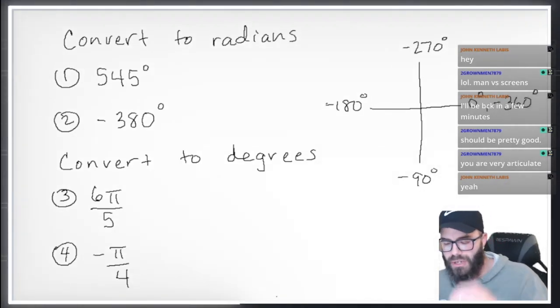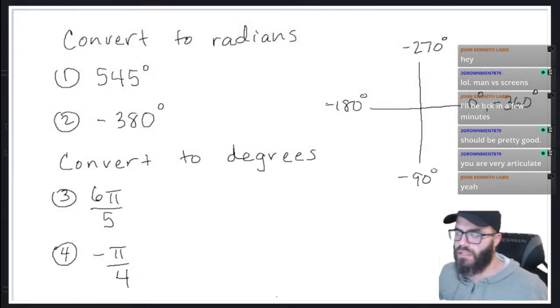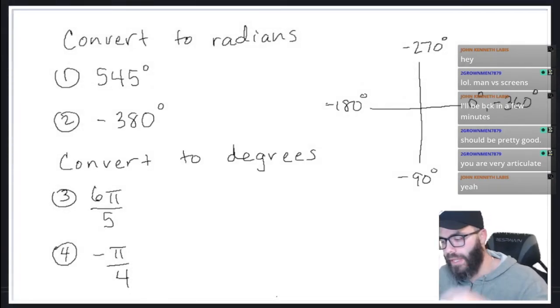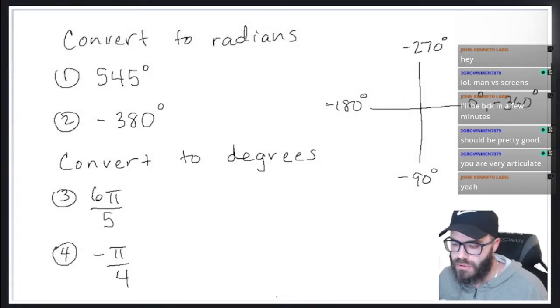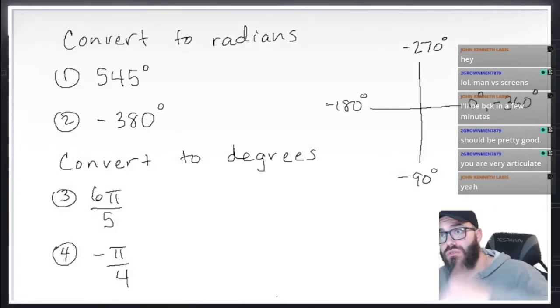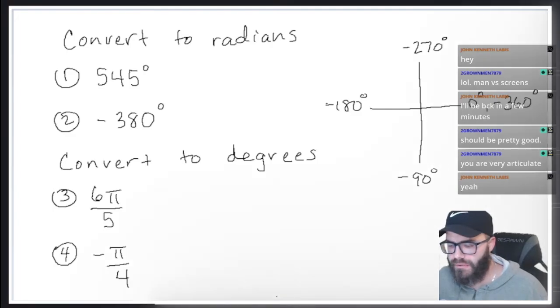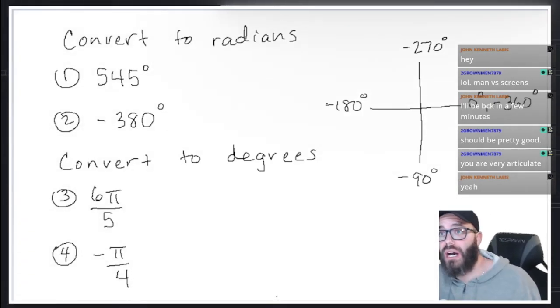For negative pi over 4, I will first convert that. I will get a negative degree measurement, and then I can figure out where that will be in my coordinate plane. This is going to eventually lead us to sine and tangent, where we could say, okay, what is the sine value of negative pi over 4?